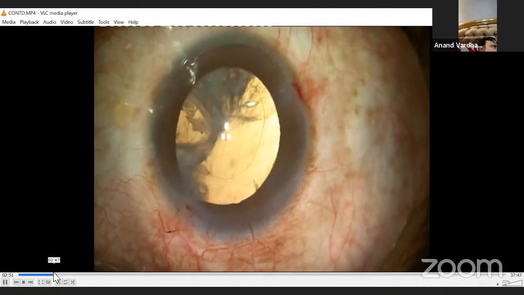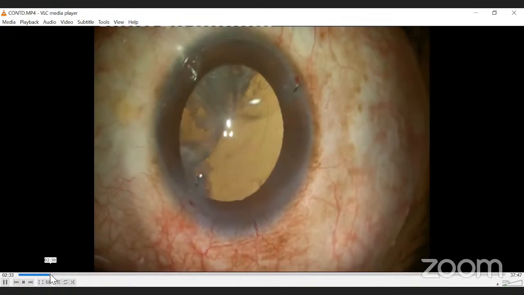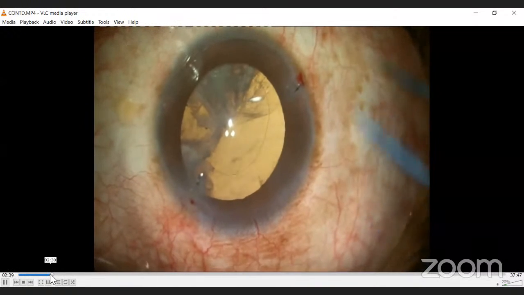So the first step is that we release the sutures on both the side ports.